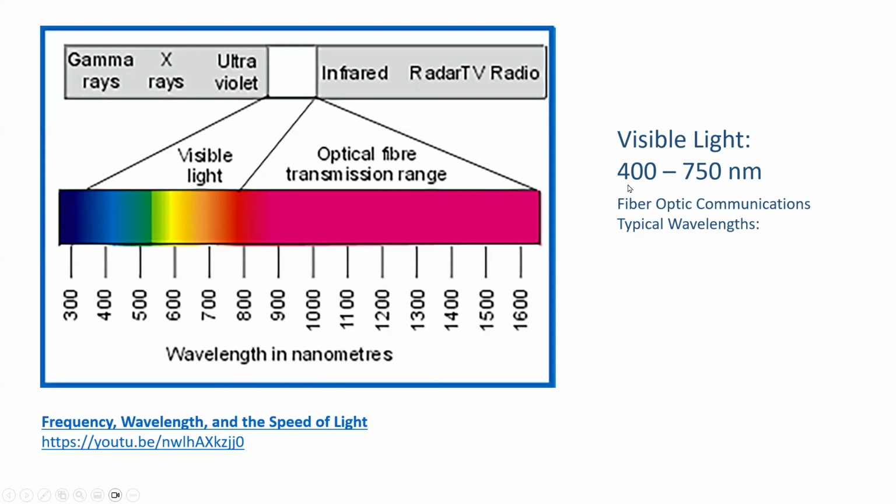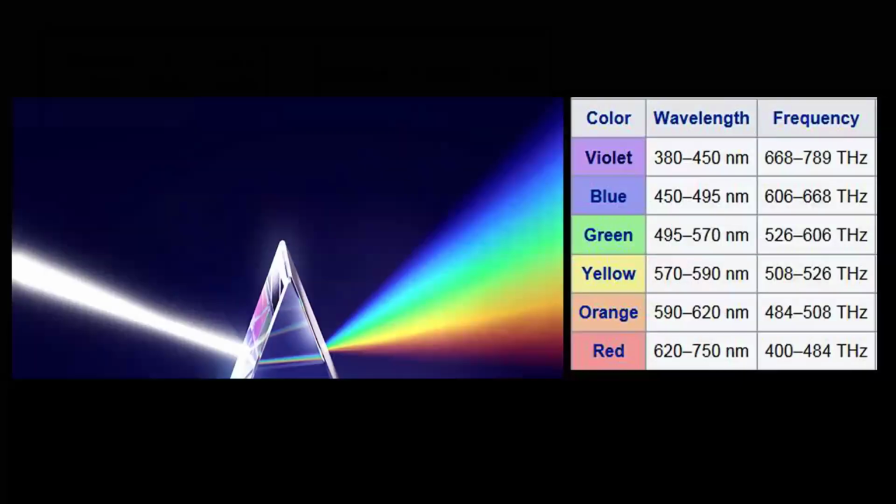So between 400 and 750 nanometers, more or less, that's the visible light to us humans. Now, typical wavelengths used for transmission would be 780 nanometers, 850 nanometers, 1310, 1550, and that's pretty much it.